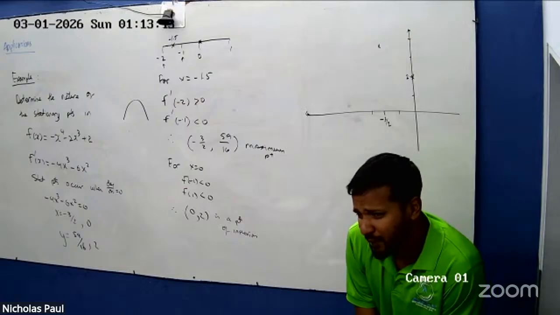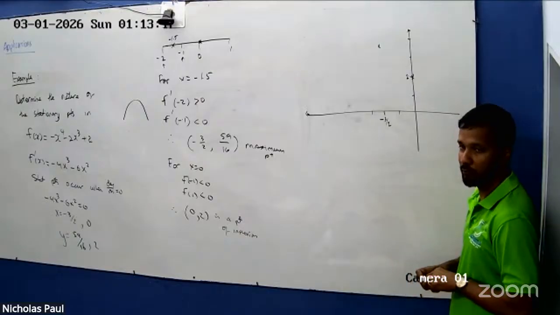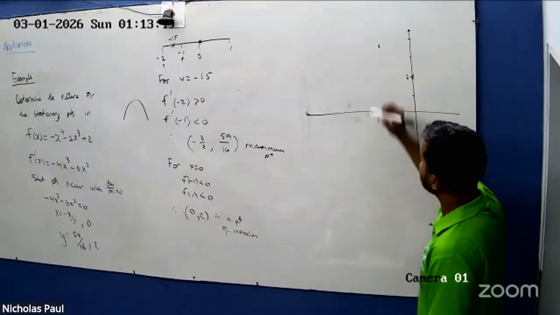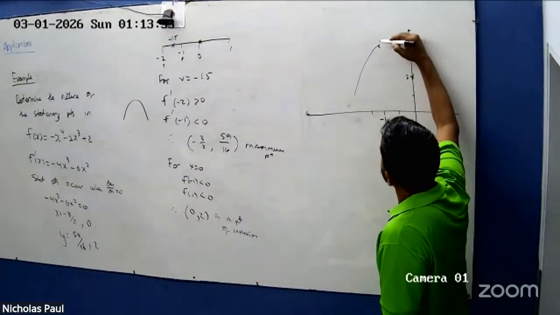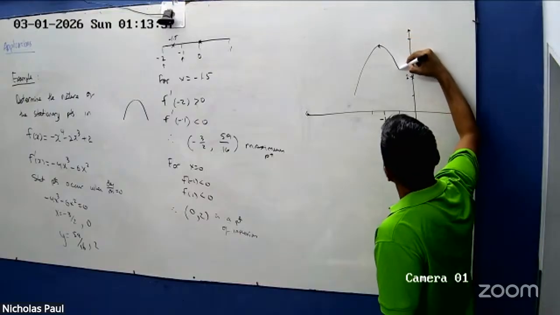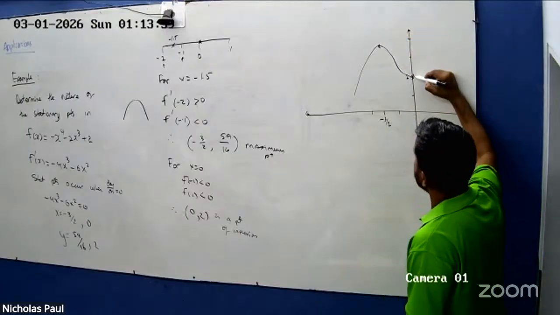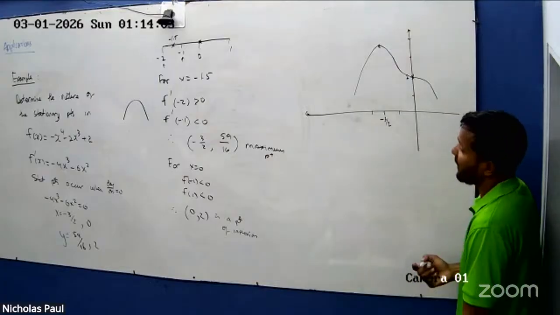It'll be perfect. Right, so we know for sure the function is increasing there. The function is decreasing here, a little stationary-ish.